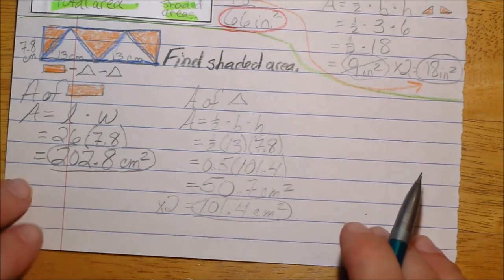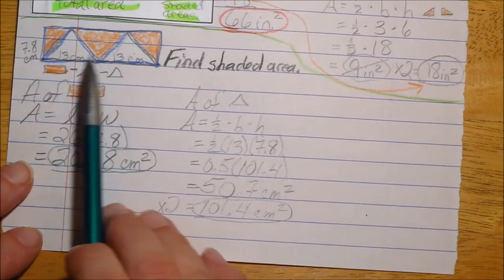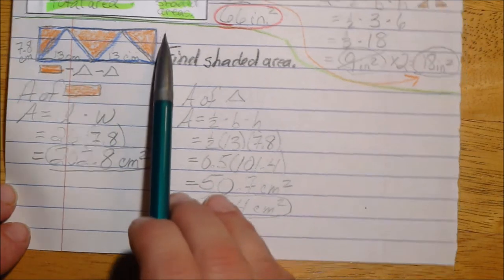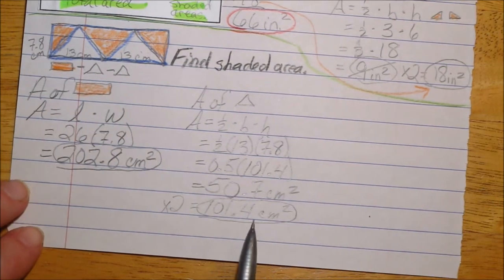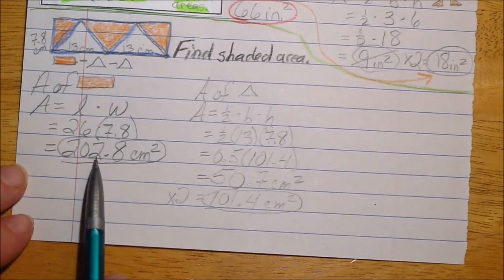All right, now I know the area of the 2 triangles that are not shaded and the area of the entire rectangle. So now what I have to do to get a total answer is subtract the unshaded triangles from the rectangle.